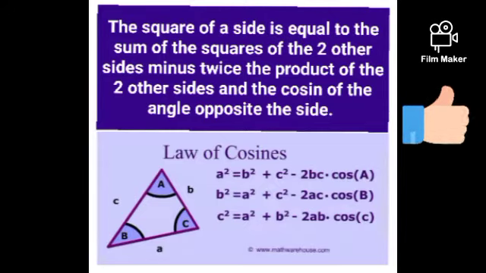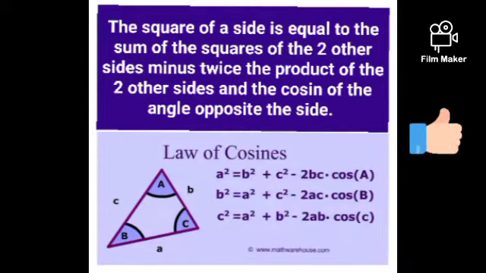Hence, a squared is equal to b squared plus c squared minus twice the product of the two other sides, b and c, and the cosine of the angle opposite the side, which is angle A. Hence, a squared equals b squared plus c squared minus 2bc times cosine of angle A.